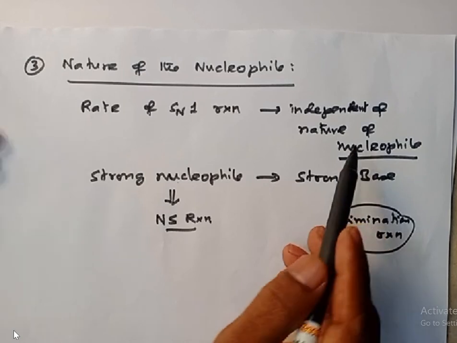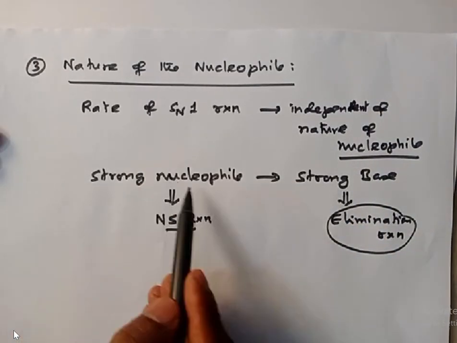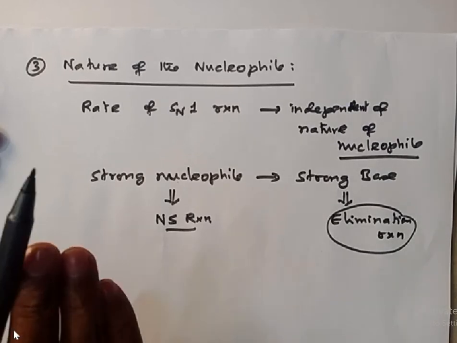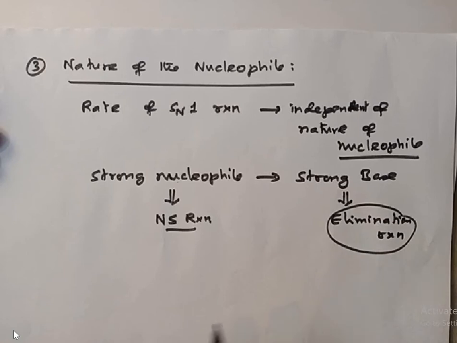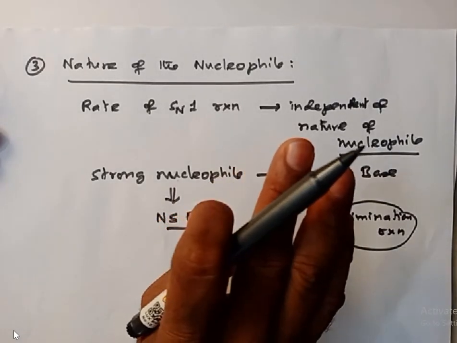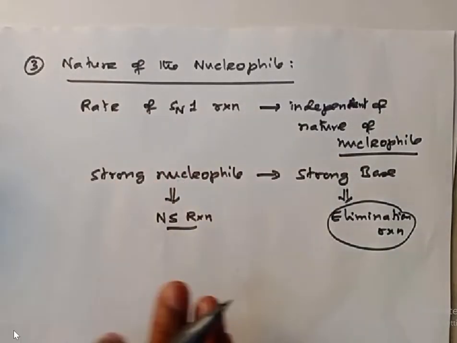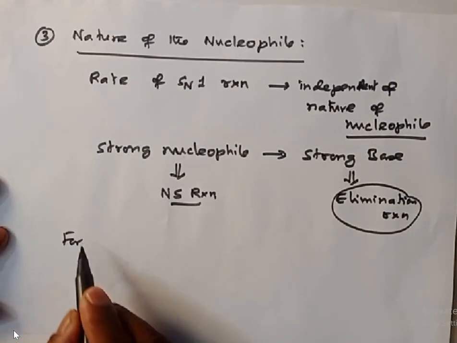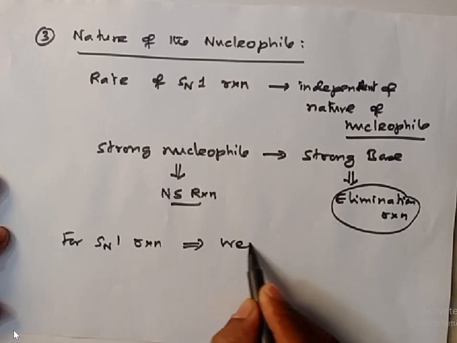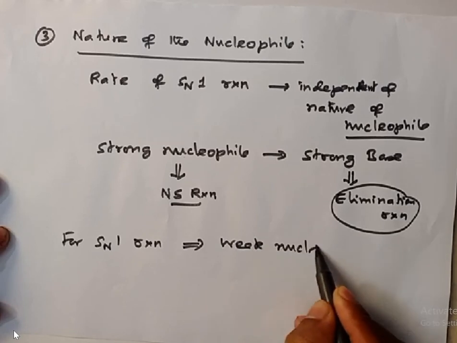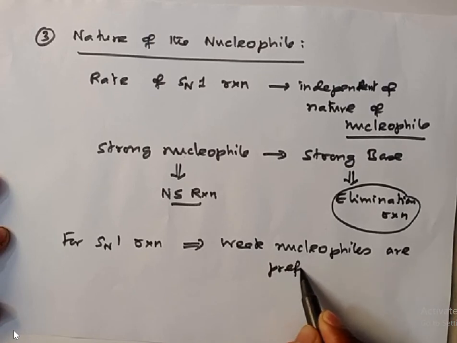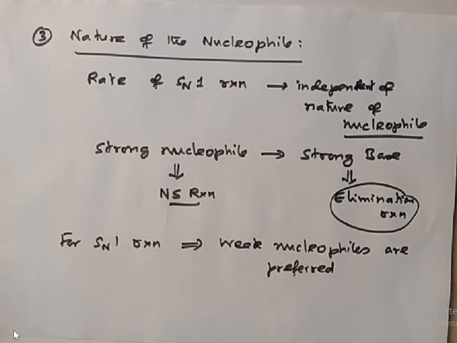But most strong nucleophiles also act as strong bases, so elimination will occur. To avoid elimination, weak nucleophiles are preferred for SN1 reactions. Students, note down, very important.